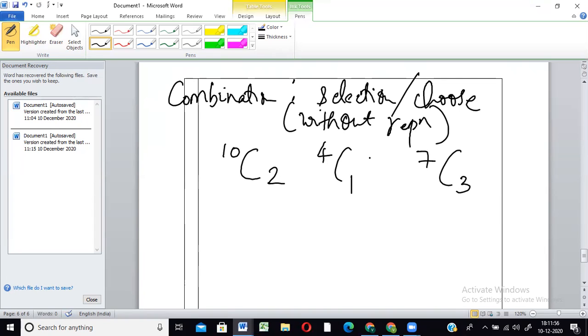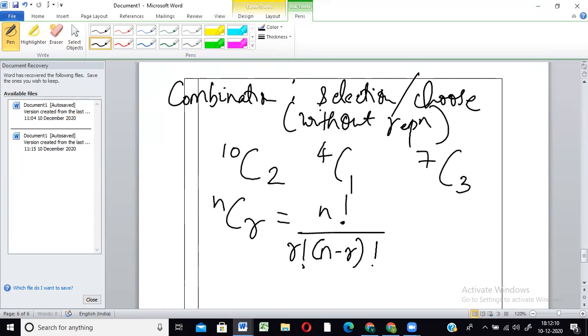Now we will see how to solve these. What is the formula? So in general, when we have n number of objects, out of them suppose r objects are to be selected, that can be done in nCr ways, and the formula is n factorial upon r factorial into n minus r factorial. Okay, this is the formula.